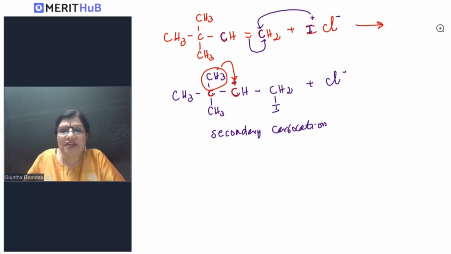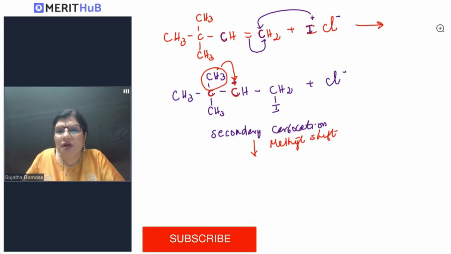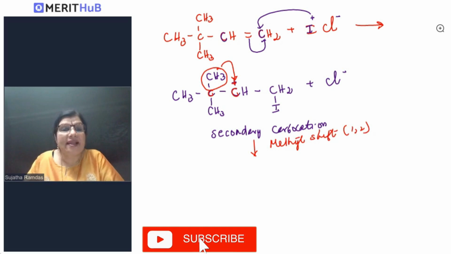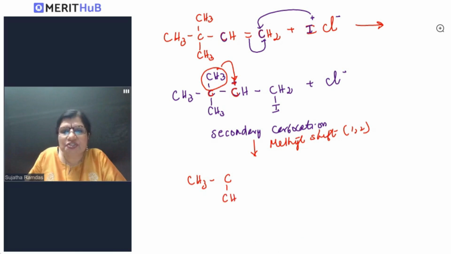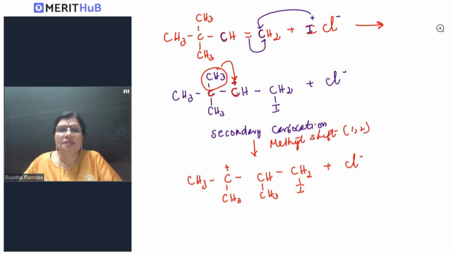What we are doing here is a 1,2 methyl shift. And what do we get here? We get (CH3)2C-CH(CH3)-CH2I plus Cl minus, and there is a positive charge on this carbon atom which has lost the methyl group.